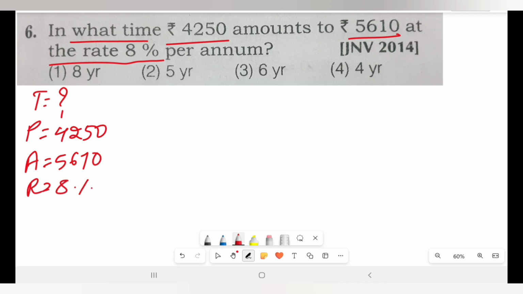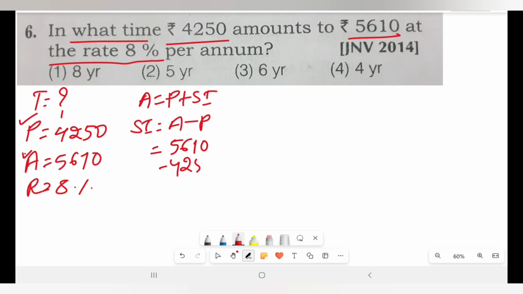You know the relation between the principal and amount: amount is equal to principal plus simple interest. Therefore simple interest is equal to amount minus principal, that is 5610 minus 4250. So 1360 is the simple interest.